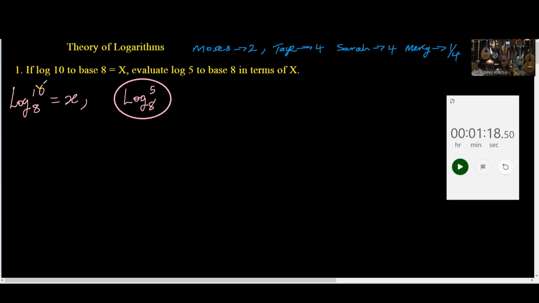So I need a 5 here, and this will be 5 times 2. Log 5 times 2 base 8 equals x. I have just split 10 into 2 times 5. Is that clear?